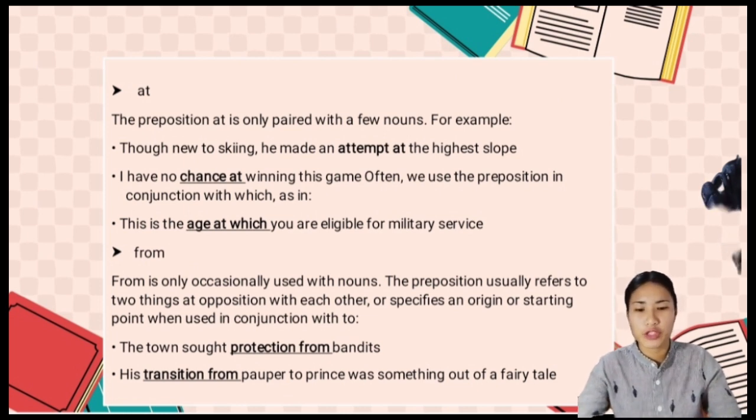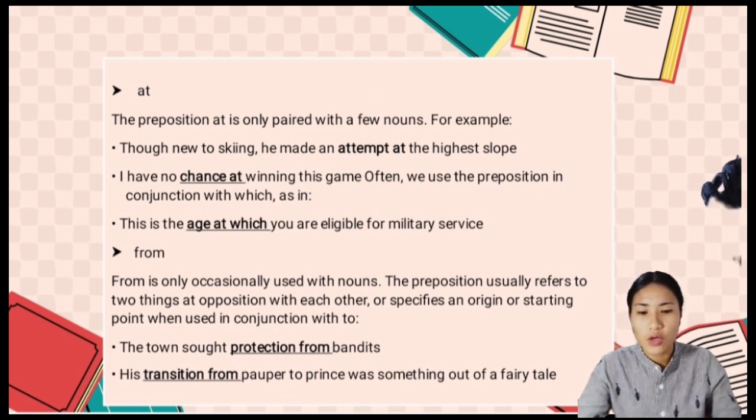And then, the preposition from used with nouns. So let's look at the explanation also. From is only occasionally used with nouns. The preposition usually refers to two things in opposition with each other, or specifies an origin or starting point when used in conjunction with to.